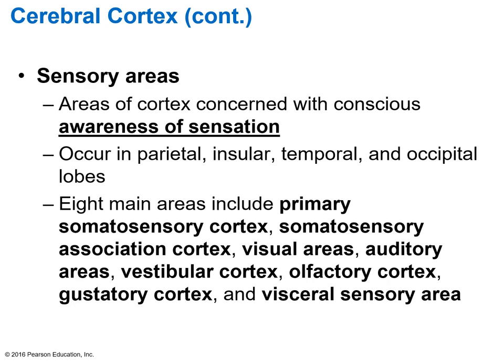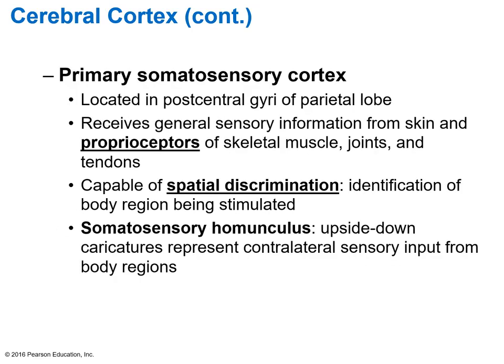Visceral sensory, visceral tends to refer more to your abdominal pelvic organs, those internal organs, and picking up sensations from there. So that primary somatic sensory cortex, you're receiving all that sensory information from the skin, from the proprioceptors. You're capable of identifying the region of the body that's being stimulated.